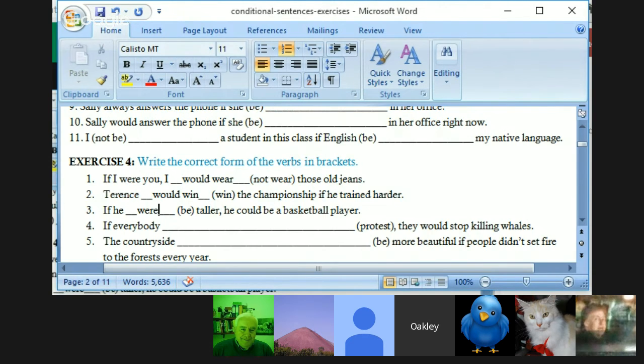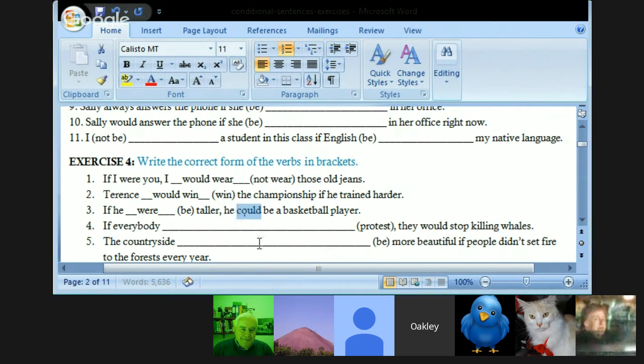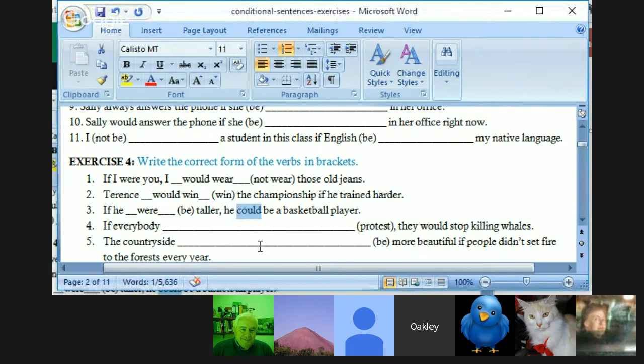Okay, notice instead of he would be a basketball player, notice we have could. This is also possible. There's nothing wrong with that. The idea being that you could, meaning he'd be physically able. We can use this different modal here. It is possible to use could in our result clause in such a case.